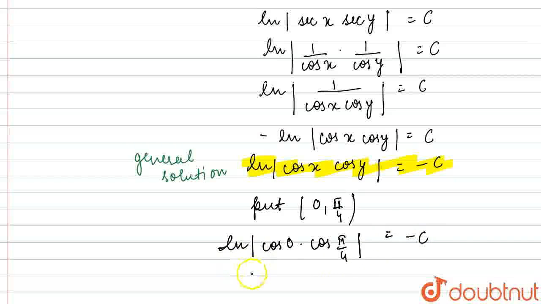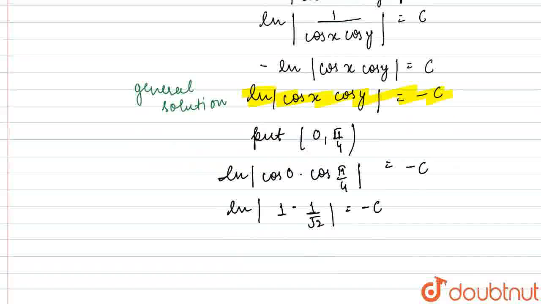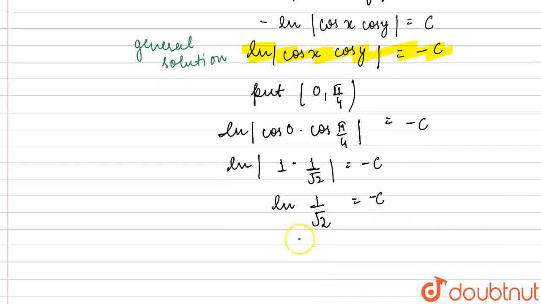Again, cos 0 is 1 multiplied by cos pi by 4, which is 1 by root 2. So I'll get ln of 1 by root 2 is equal to minus c, or the value of c is coming out to be minus ln 1 by root 2.